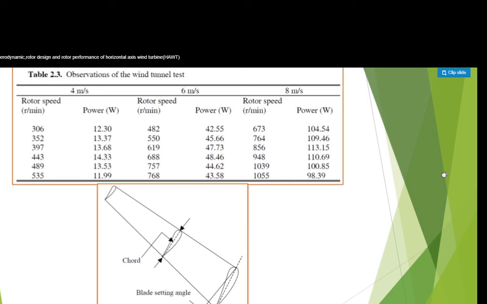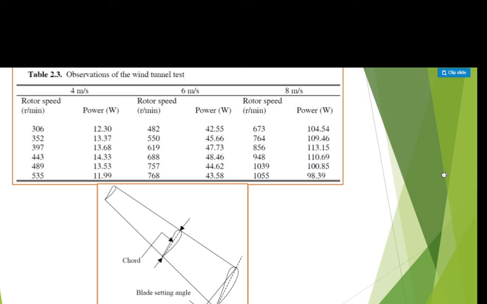This is the observation of the wind turbine tunnel test. When the rotor speed is 306, power will be 12.3. For 6 meter per second velocity, rotor speed is 482 and power will be 42.55.